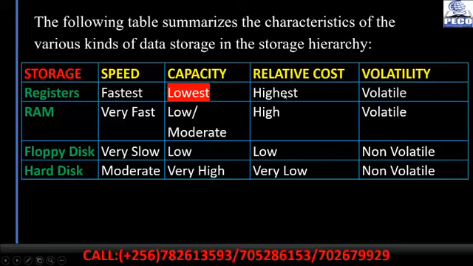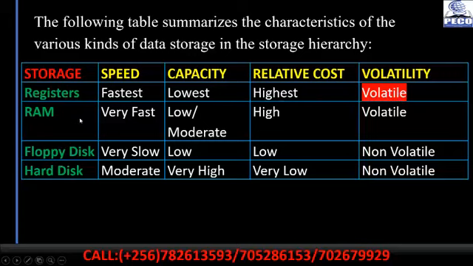The relative cost is very high. They are very expensive. Volatility: they are volatile. By volatile, we mean information there can disappear when you switch off the power.